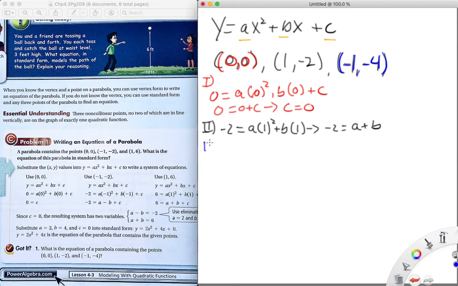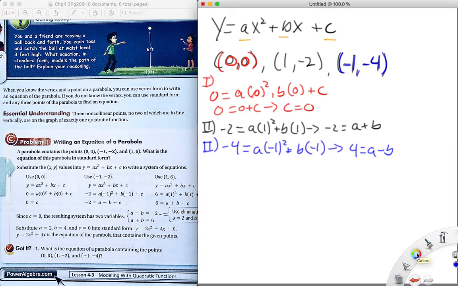Then our third step is we plug in these guys, so that's negative 4 equals, and we're going to plug in negative 1 for x, and we don't have a c term, so it's going to be negative 4 equals a minus b.